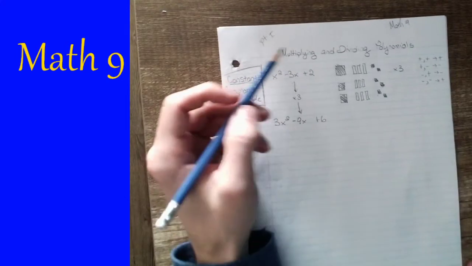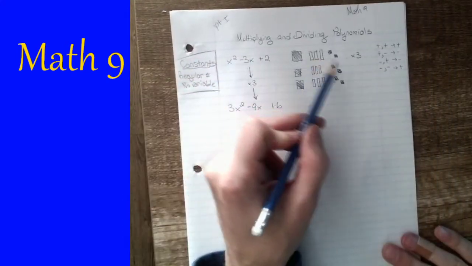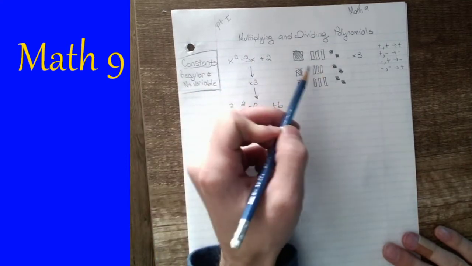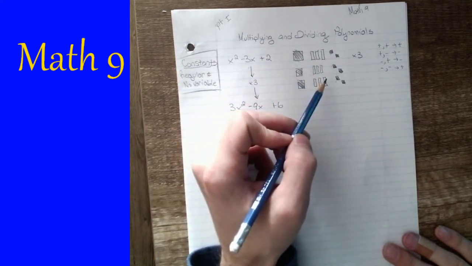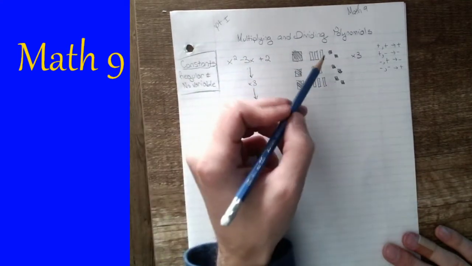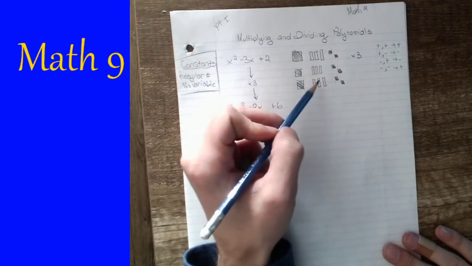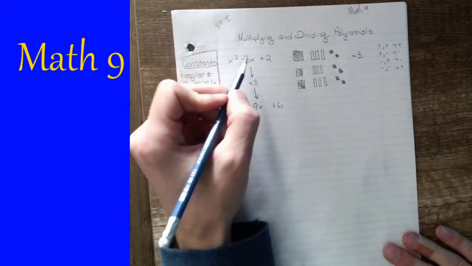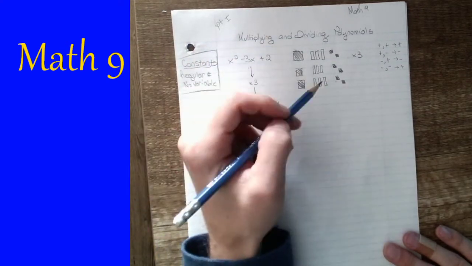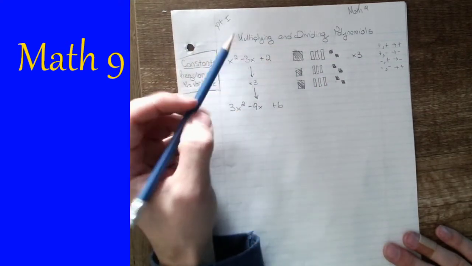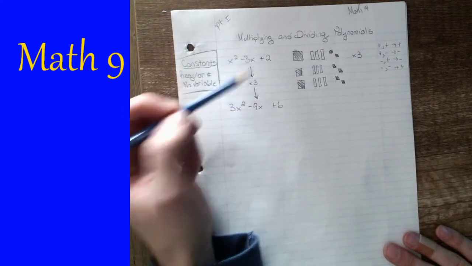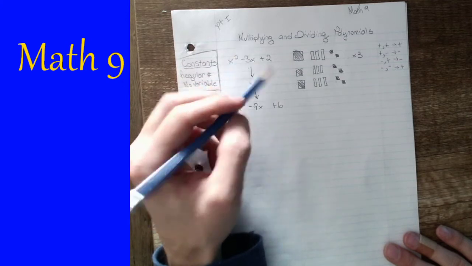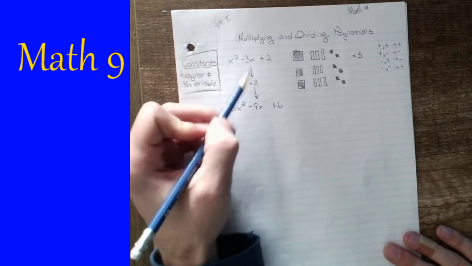Now, I do want to highlight, because we're not going to draw tiles every single time, that our end result is really just grouping or dividing our terms. Grouping, making groups, for multiplication, or dividing for division. So let's explore, what's 2 times 3?